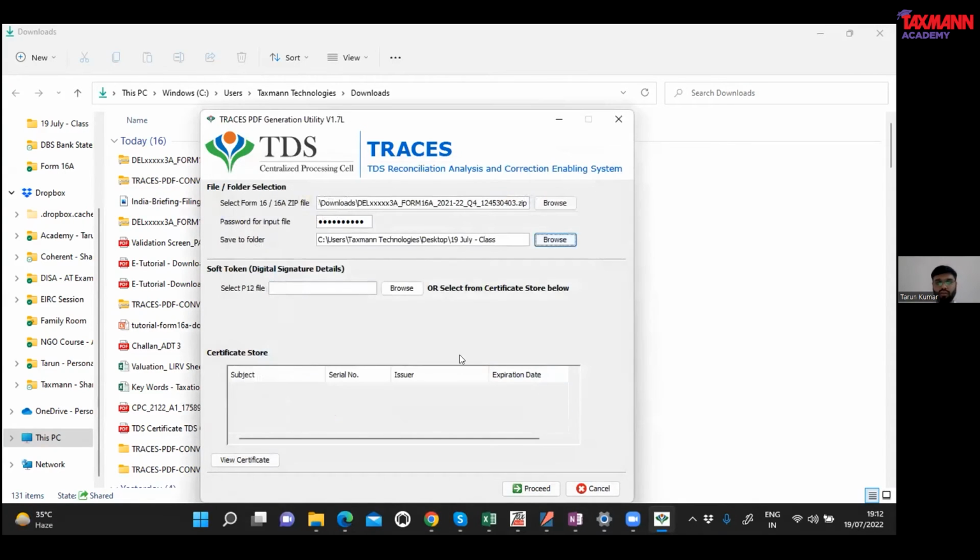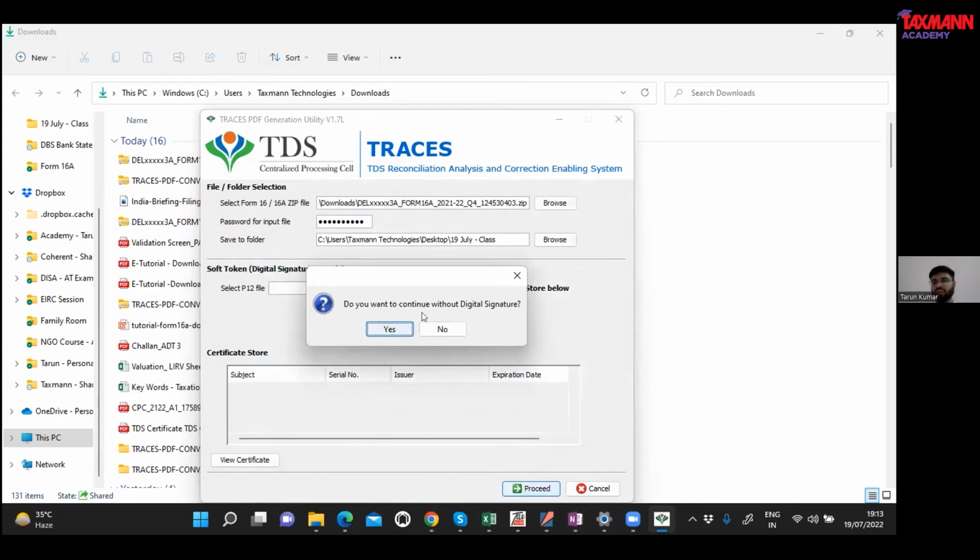You can manually sign those certificates, or you can also sign them digitally. If you want to sign digitally, you need to attach the digital signature. Since I do not have the digital certificate of that director with me, I'll just click on proceed. It asks, do you want to continue without digital signature?